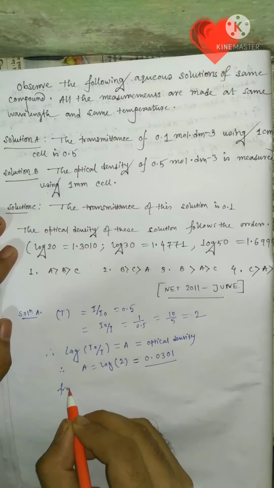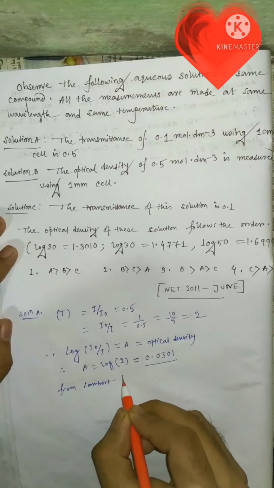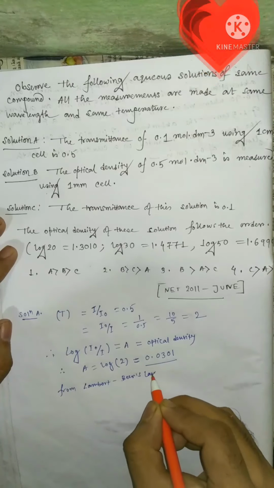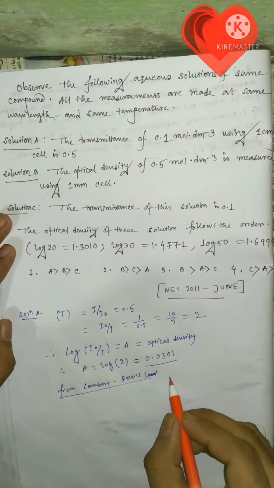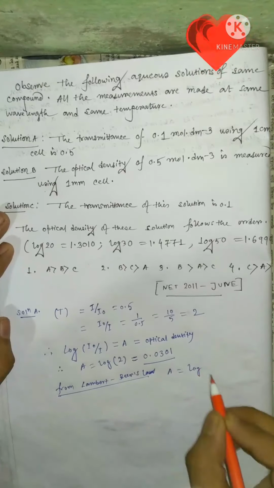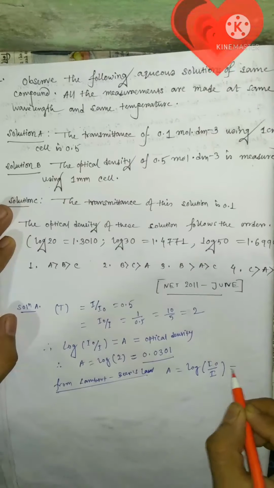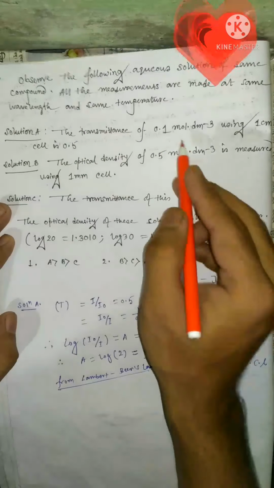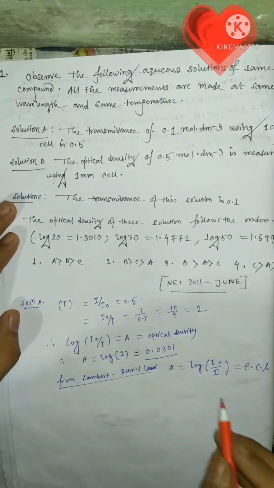Now from Lambert-Beer's law, A equals log I0 by I equals epsilon C L. Here the concentration of this solution is 0.1 mole per decimeter cube.